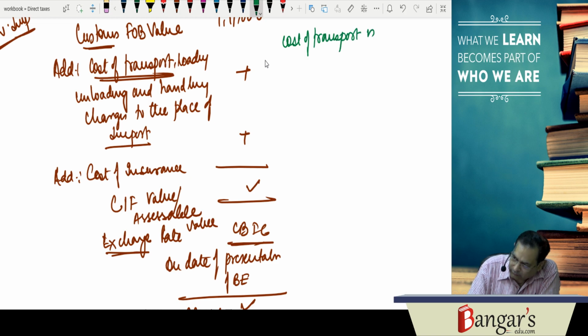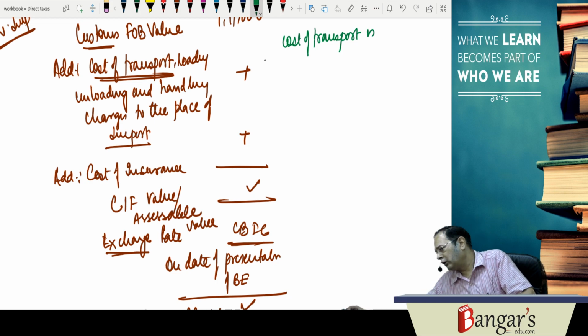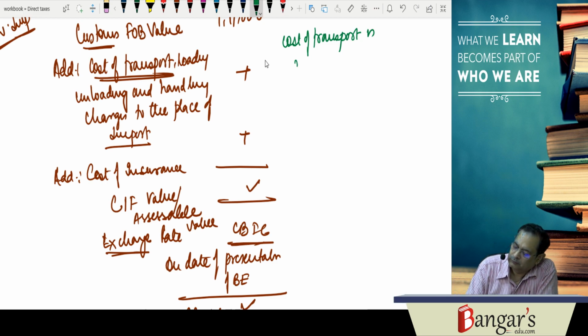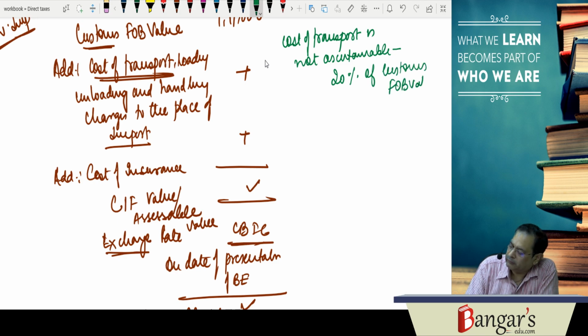So basically what we have to add is, further you remember that if the cost of transport is not ascertainable, it will be taken at 20% of the customs FOB value.